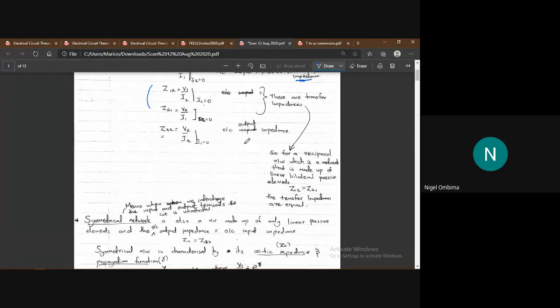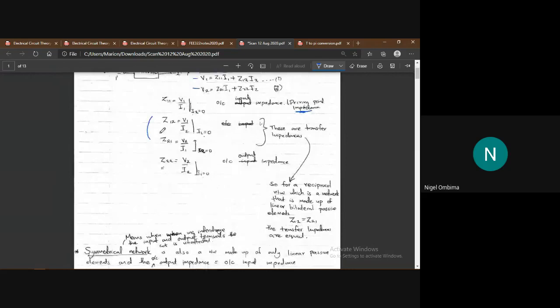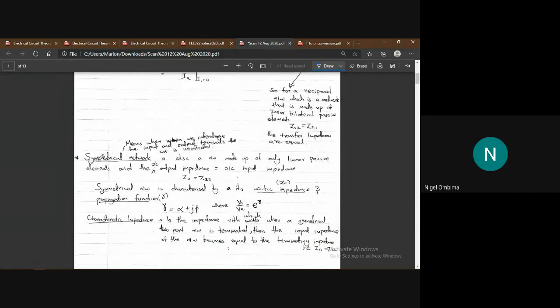So for a reciprocal network, which is a network made of linear bilateral passive elements, Z12 is equal to Z21. Just simple like that. Then the symmetrical network is also a network made of only linear passive elements, and the open circuit output impedance is equal to the open circuit input impedance.